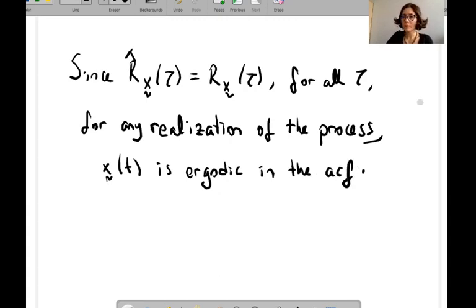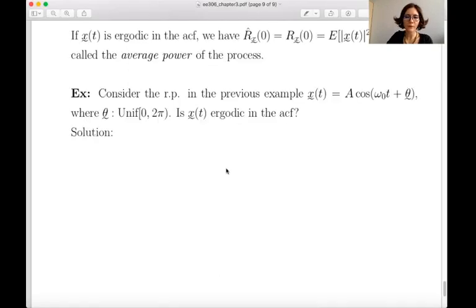Okay, so this is the answer of this first example.